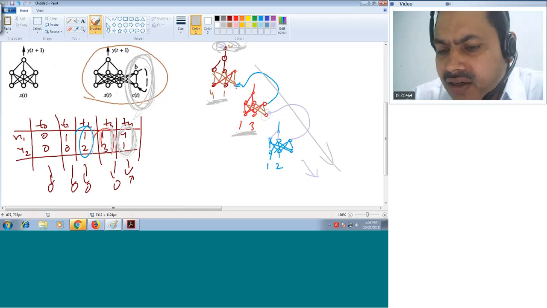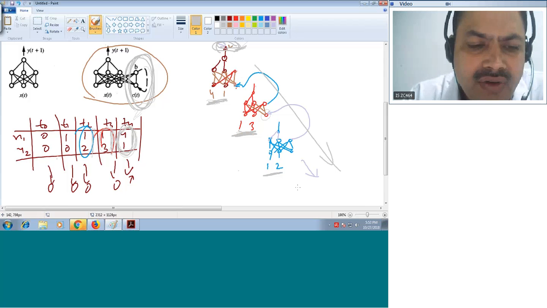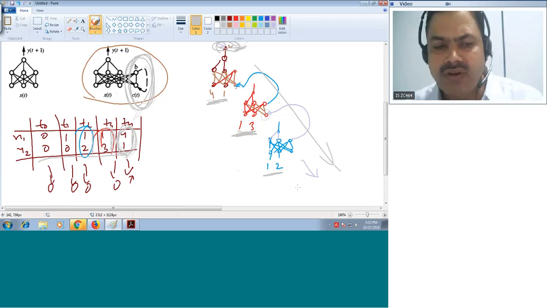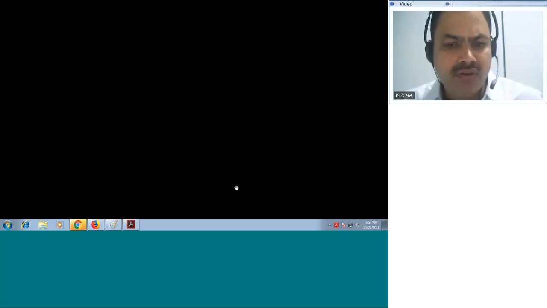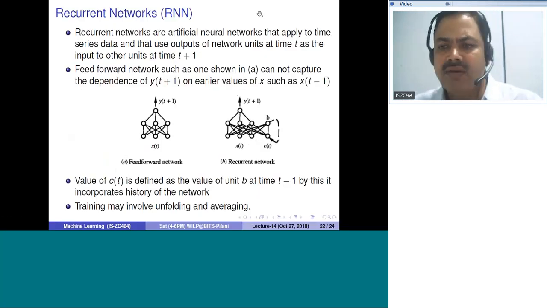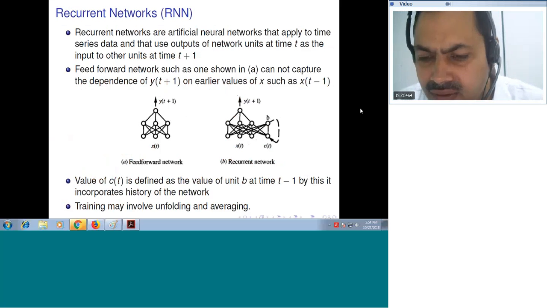Is it clear? If it is clear, then you can see that this output was also dependent upon 1 2 and everything. So you see that if you want to incorporate the timing things, you can go ahead in this way. A simple modification in the network would lead you to handle the things which are coming in a sequence. That was the point that I wanted to make clear at this particular moment.